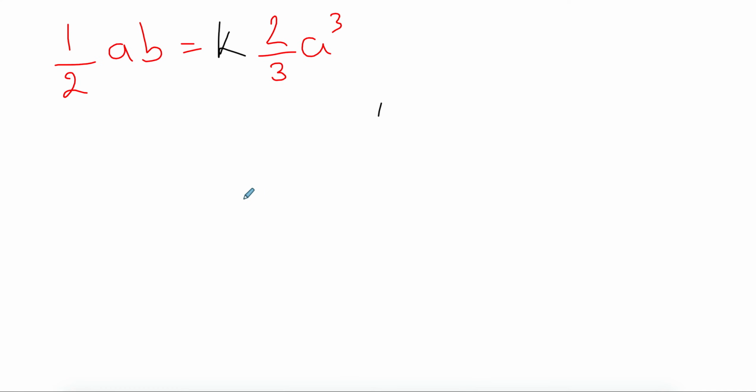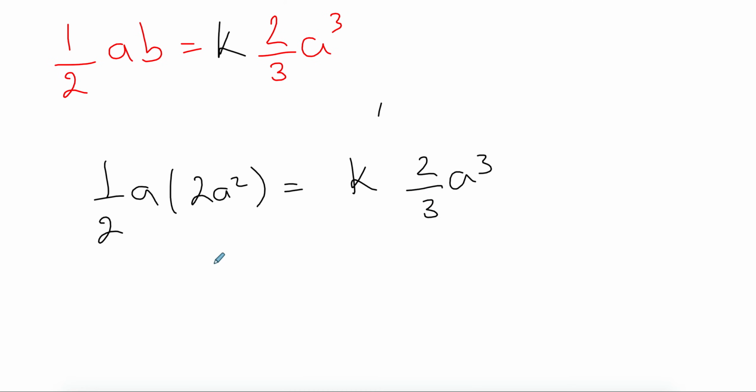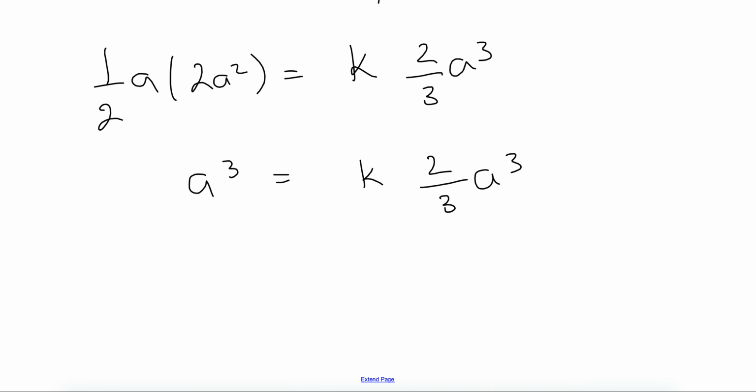So I'm going to substitute, instead of B, I'm going to put 2A squared. And I have my K times 2 over 3A cubed. So this will simplify to A cubed is equal to K 2 over 3A cubed. So we cancel this 2 out, and the A cubes will cancel.